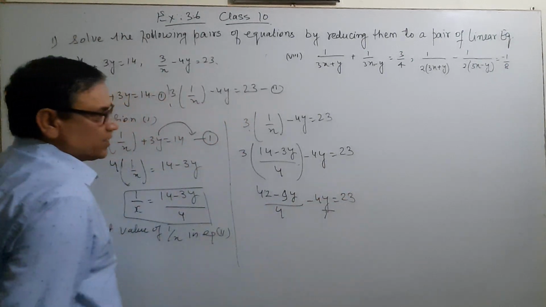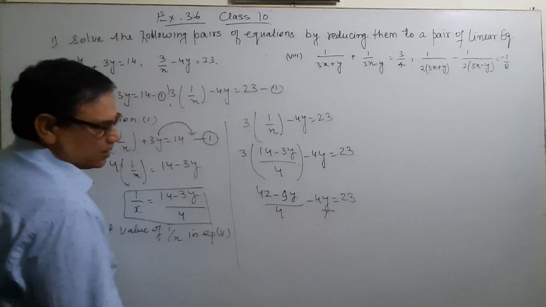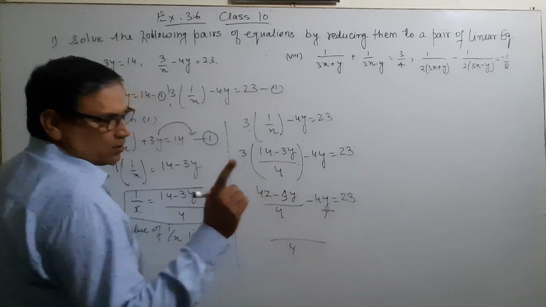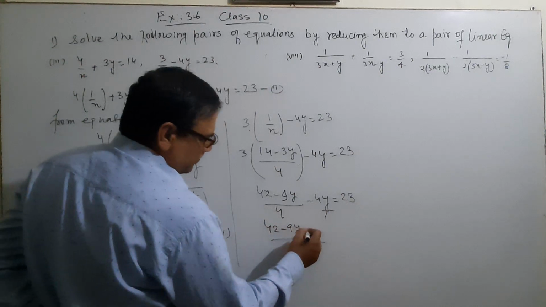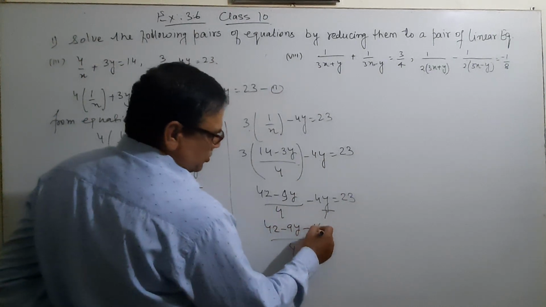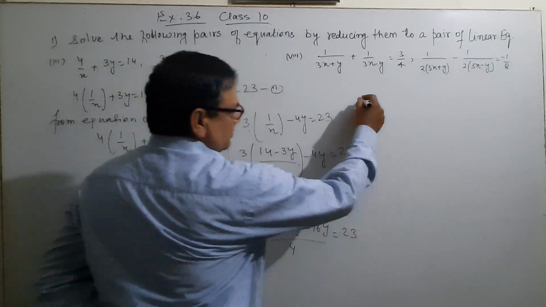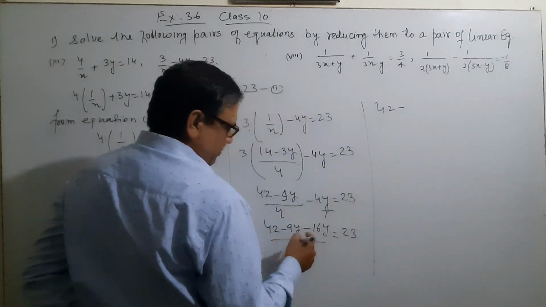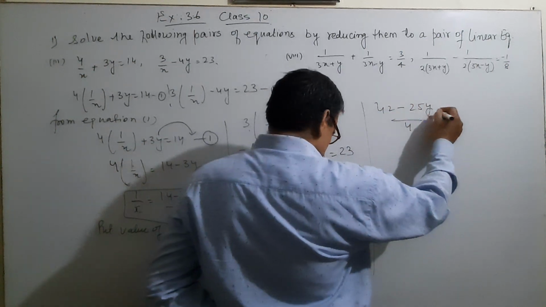Here is 1. What are we taking? Now taking LCM of 4 and 1. LCM is 4. 4 divided by 4 equal to 1. And you know very well, 42 minus 9y minus here is 16y is equal to 23. 42 minus 9y minus 16y, minus 25y upon 4 is equal to 23.